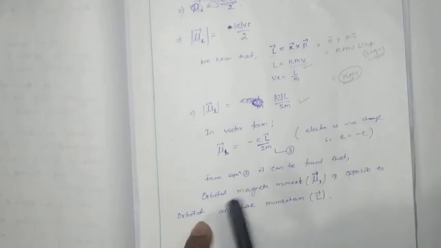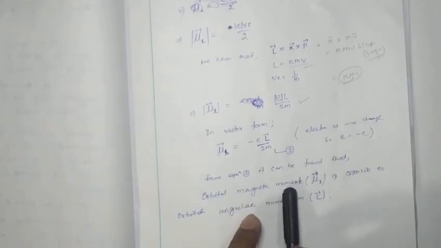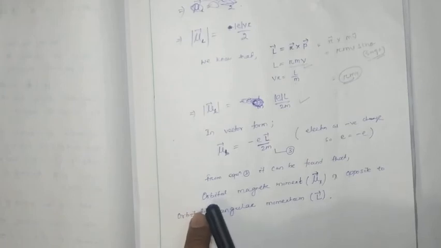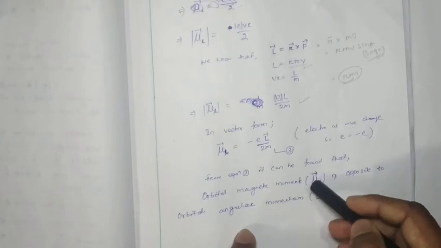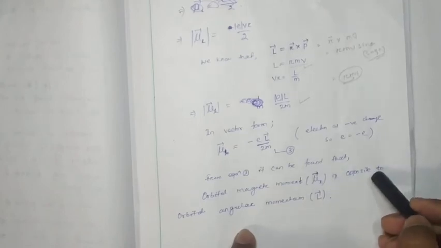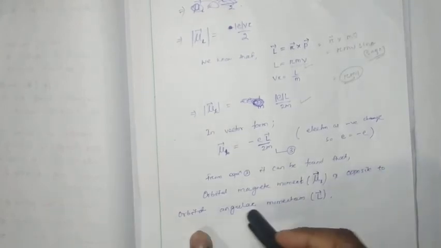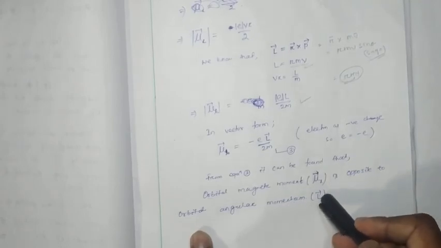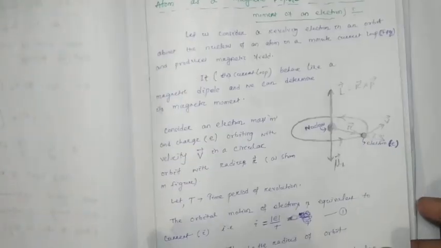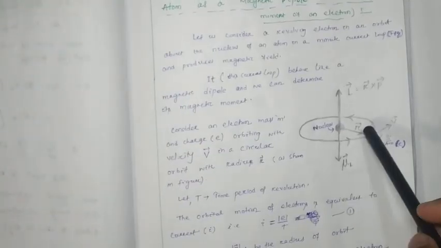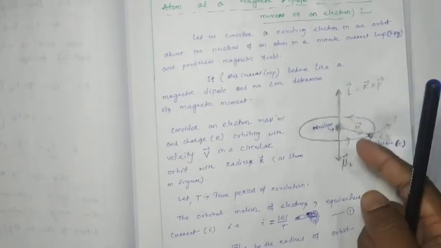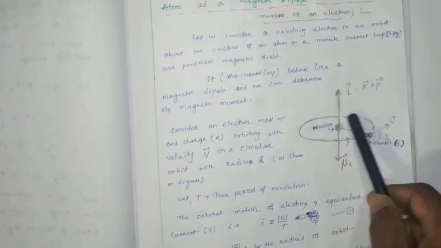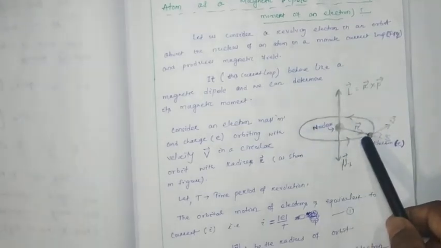The orbital magnetic moment, represented by mu L vector, is opposite to the orbital angular momentum L. In this way we have considered that one electron, when it is revolving around the nucleus, acts as a tiny magnet due to its orbital angular momentum.